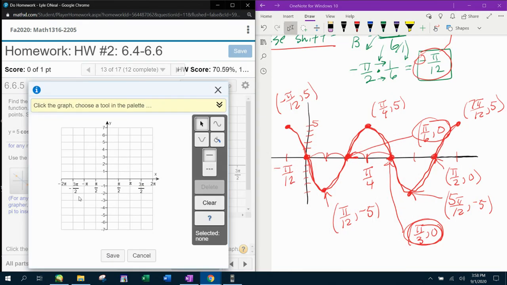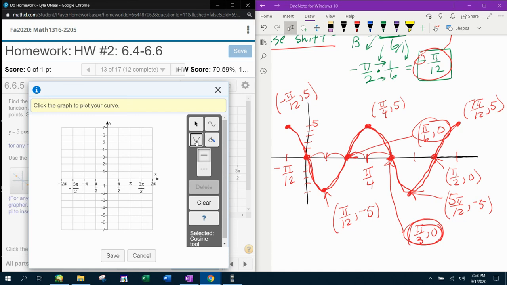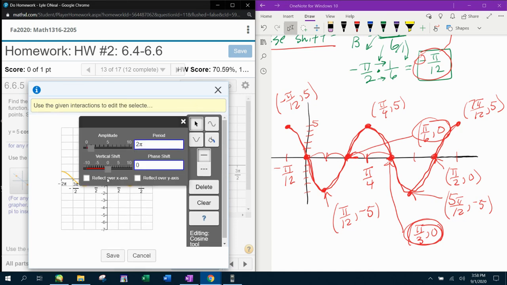We're going to graph, and this function was a cosine, so we want to pick the cosine tool, click on the graph, and increase the amplitude to 5. We're going to change the period to, what was the period? Pi over 3.